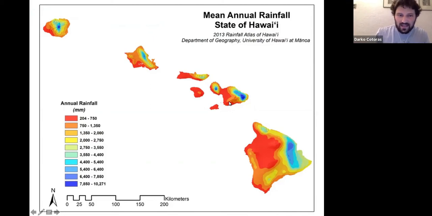But behind that, we can have 700. So one order of magnitude difference in less than 100 kilometers. So again, the same way as the elevation creates different habitats, the differences in rainfall also create different habitats, compacting all this environmental diversity in very small areas.